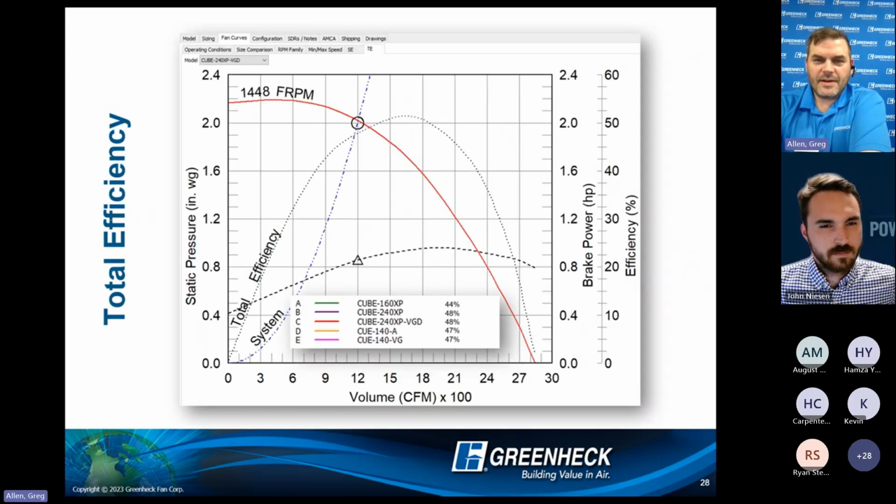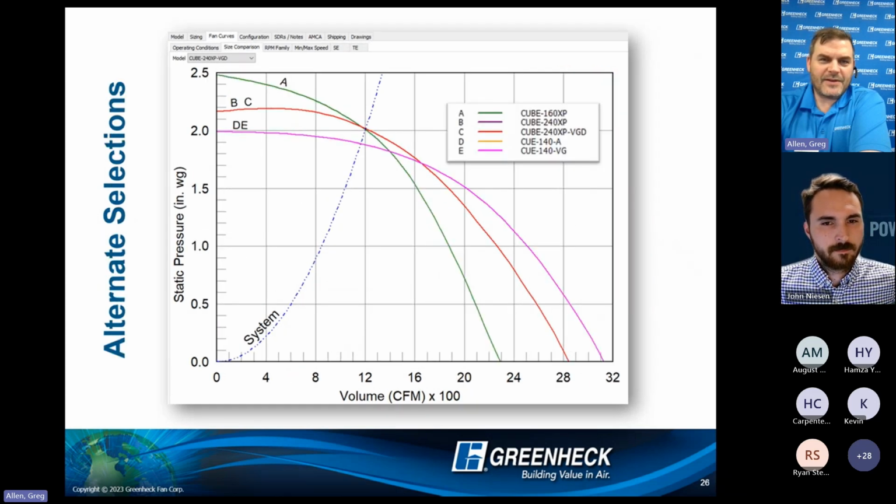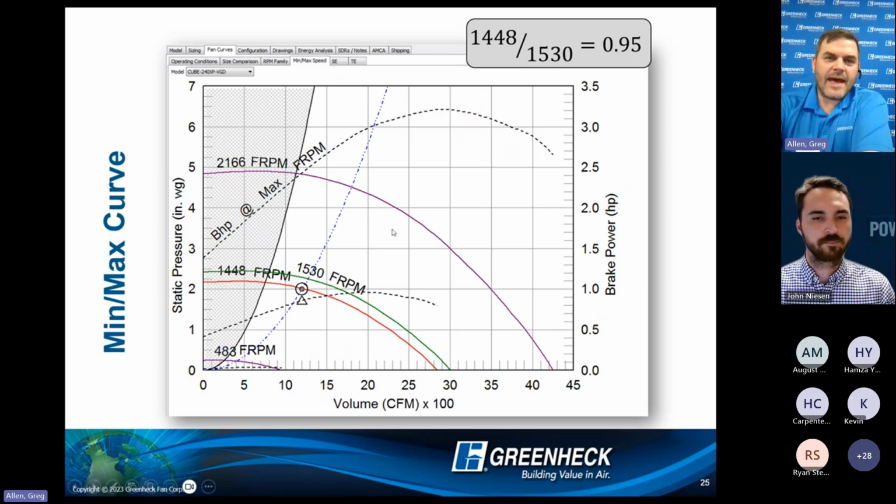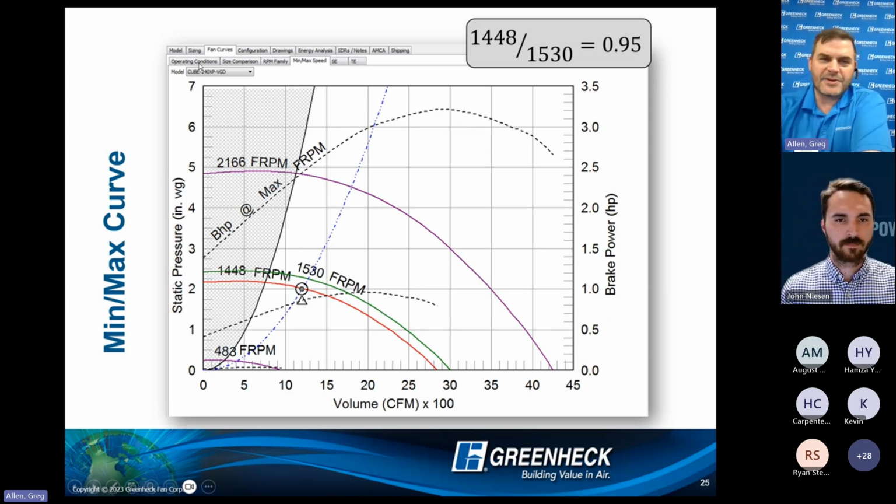That's a great question. Let's get back to here, right? My favorite fan curve. Within the full CAPS engineering version, you can see that there are tabs. I'm in the fan curves tab, and there are several curves across the top. Operating condition, that's that original fan curve we first looked at, CFM, static, and brake horsepower.